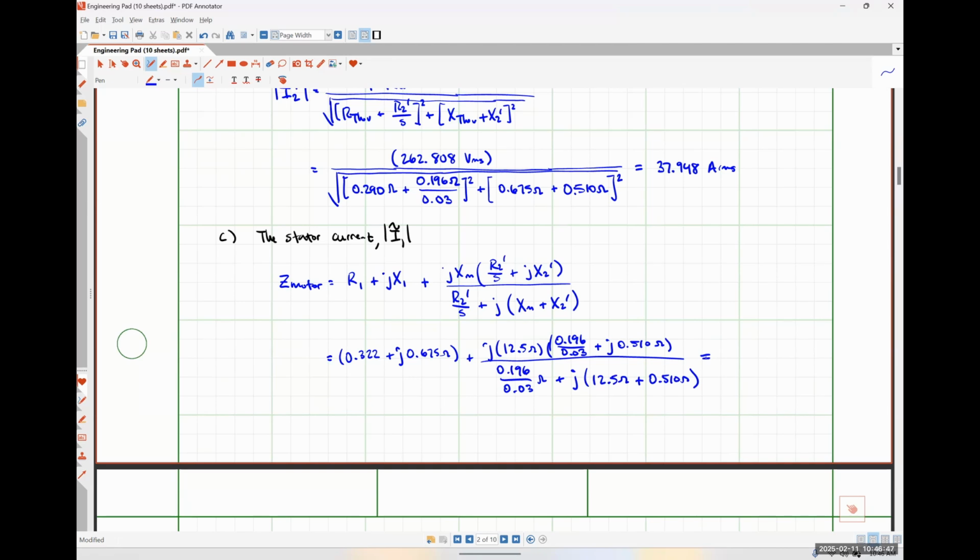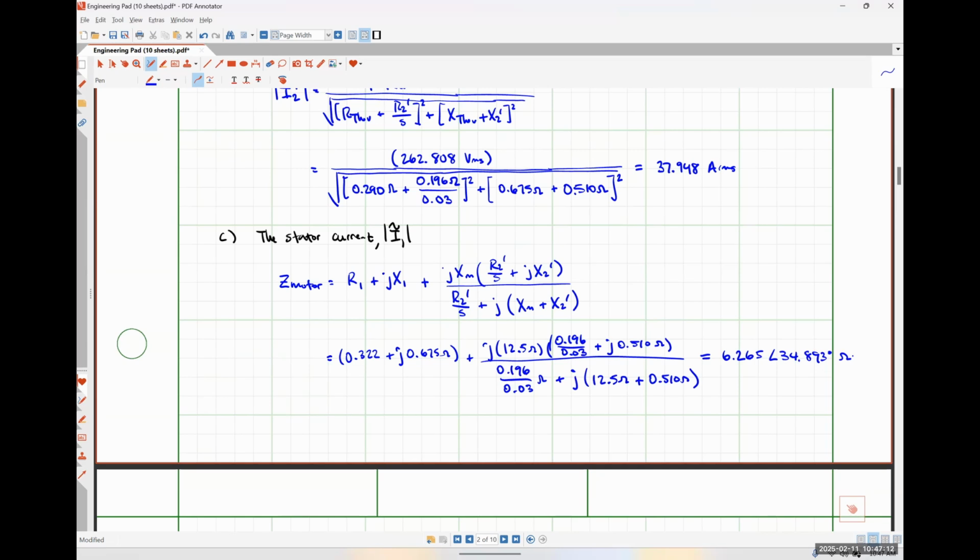And I wound up getting my motor's entire impedance to be 6.265 with an angle of 34.893 degrees.